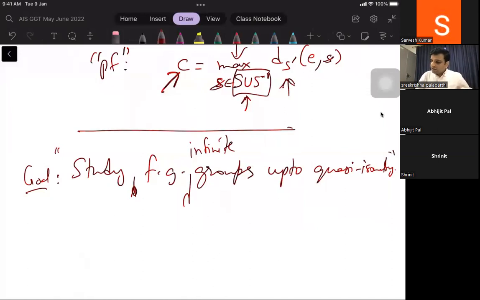I will quickly need a definition or two. I will write those definitions: a geodesic space or a quasi geodesic space. First, geodesic space.